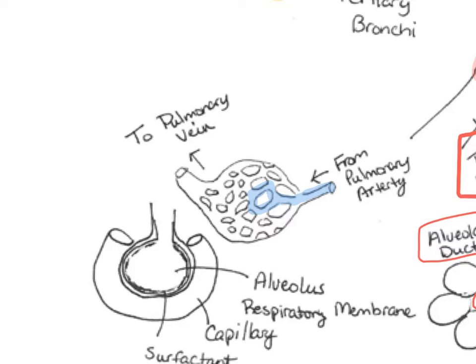You can see that the capillaries branch off into a capillary network and surround that alveolus. Then that blood is going to pick up the oxygen from the alveolus and return to the left side of the heart through the pulmonary vein. It's going to go to the left atrium.